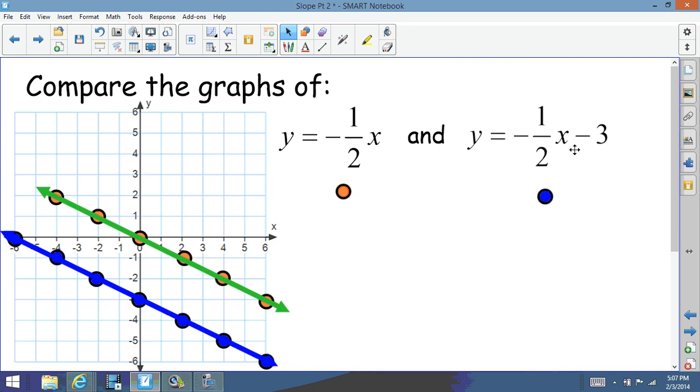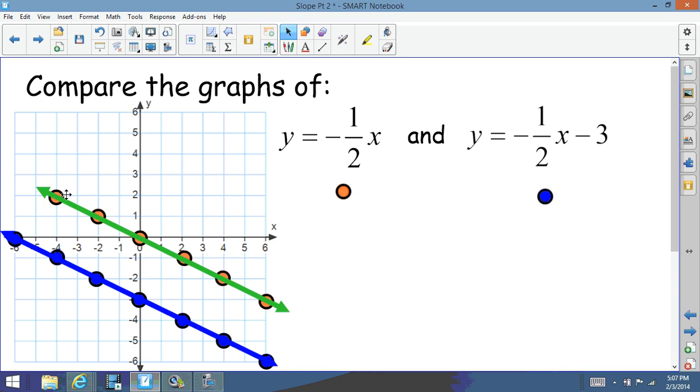That's the reason why the y-intercept is -3, because it's lower by 3 boxes. So the y-intercept makes a great deal of difference in how your line is formed. So remember, your plus b or minus b indicates the y-intercept, where the y value will start.